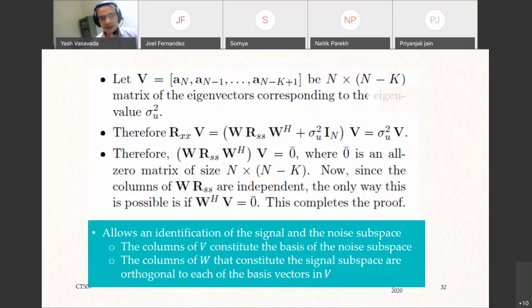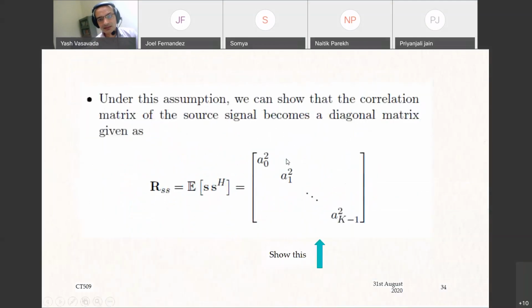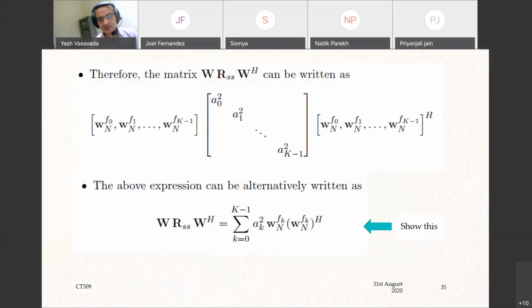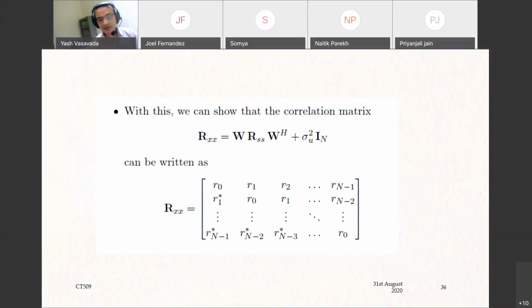I have to go all the way back here. Here we said that Rxx is this term plus sigma_u squared multiplied by this identity term. It means that this sigma_u squared adds only along the diagonal of this Rxx. And remember, the diagonal of this Rxx is this R0.